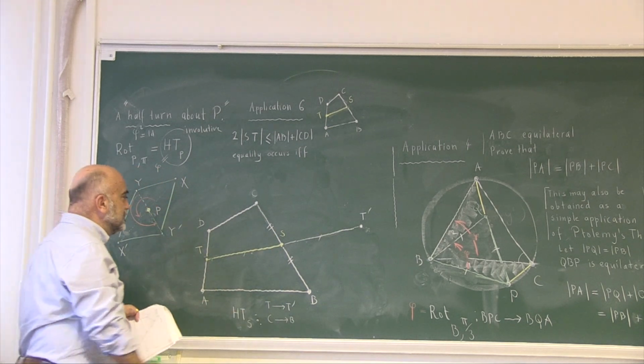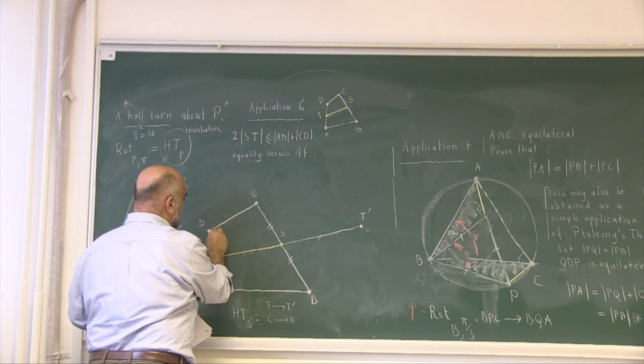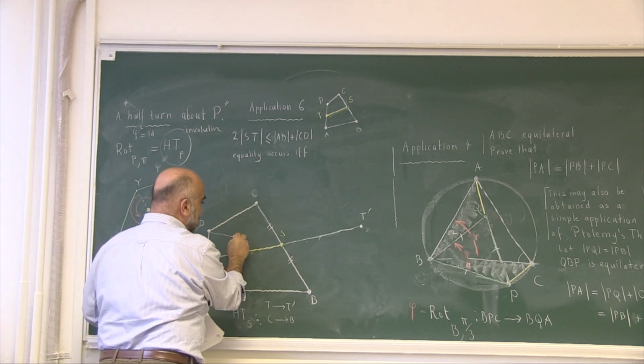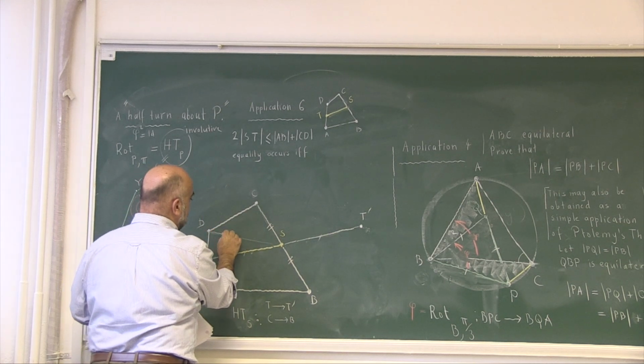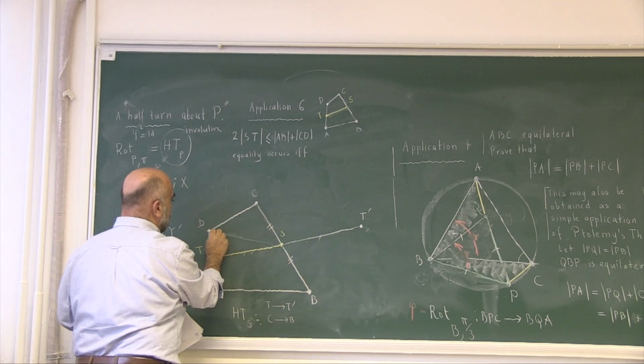And what happens to the point D? Well, D will also turn into a point, and that point will be a new point, of course. It's not a point that is already in our configuration.